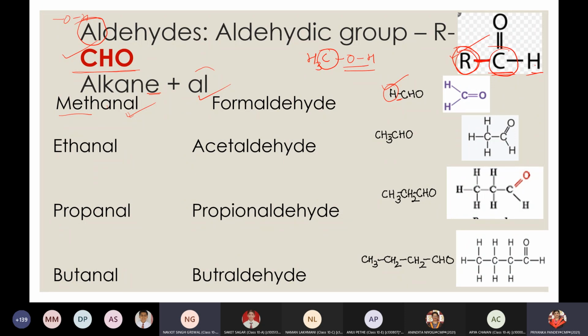The functional group is CHO, C double bond O, single bond H, and because it has 1 carbon atom, the name will be methanal. If it has 2 carbon atoms, ethanal, 3 propanal, 4 butanal, 5 pentanal. First methanal, second ethanal, 3 propanal, 4 butanal, and 5 pentanal.